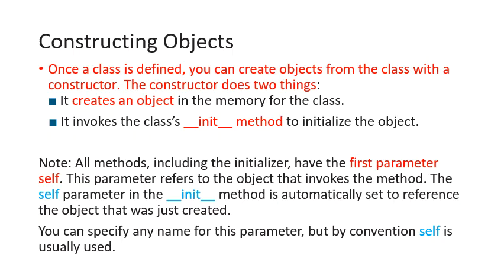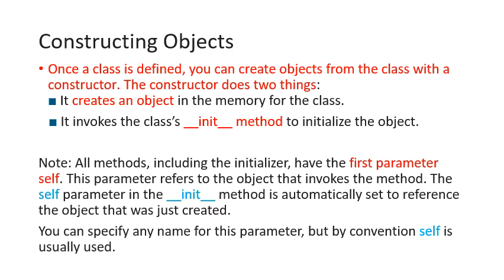Constructing objects. Once a class is defined, you can create objects from the class with a constructor. The constructor does two things. It creates an object in memory for the class, and it invokes the class __init__ method to initialize the object.